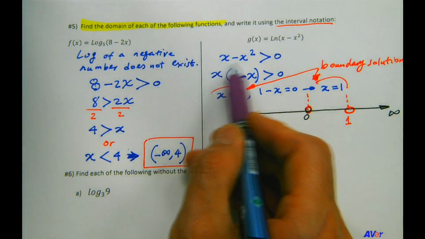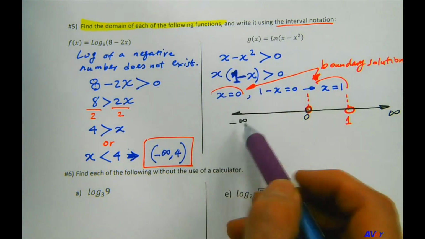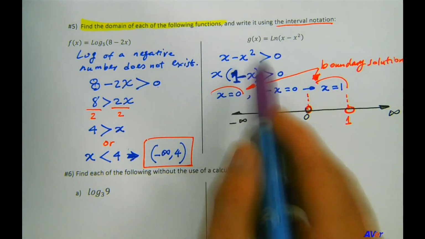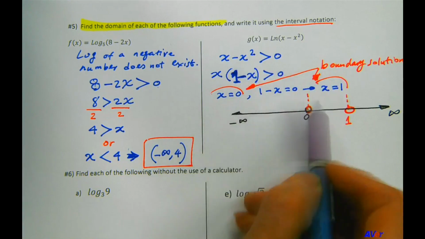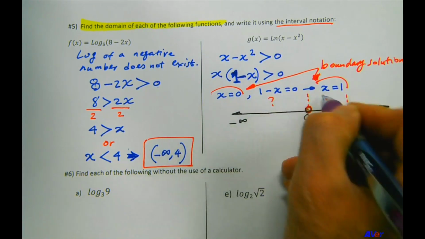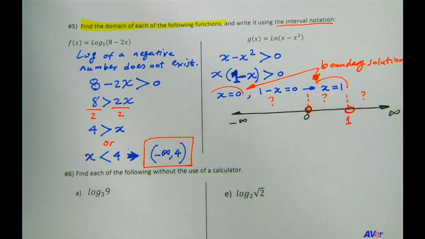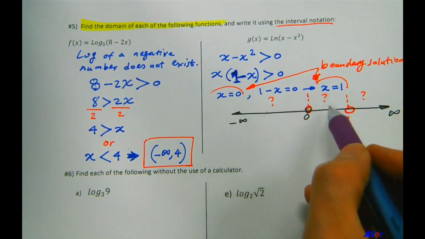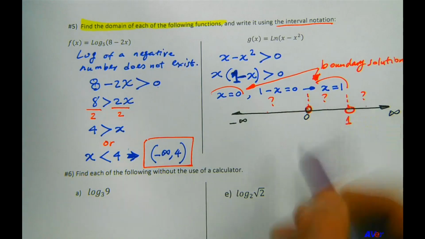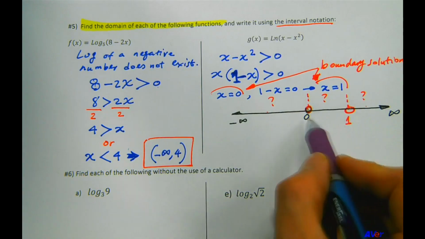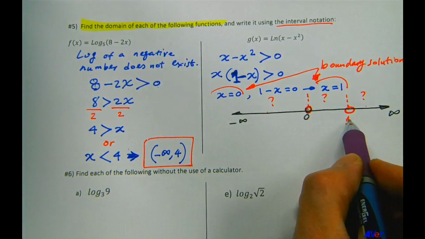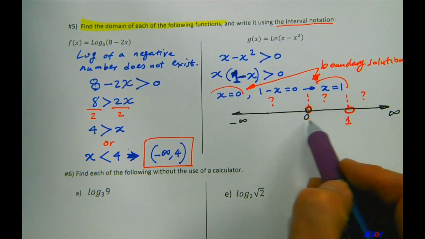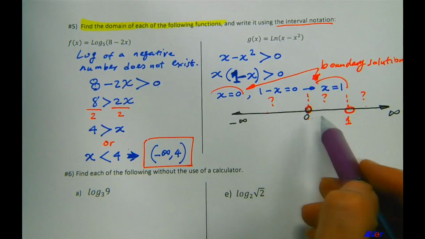We had a video on this, right? We talked about that we have to find the boundary solutions and then test each region. Remember that? Okay. So now let's test a number in this region, a number in this region, and a number in this region. Knowing that 0 and 1 themselves, the boundary solutions themselves, are not part of the final solution.